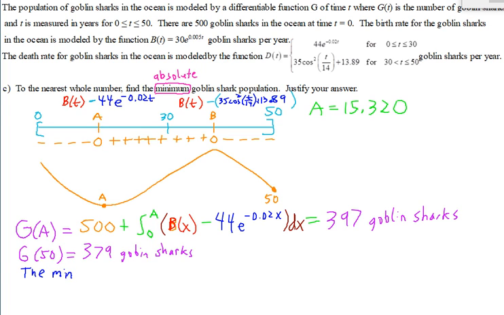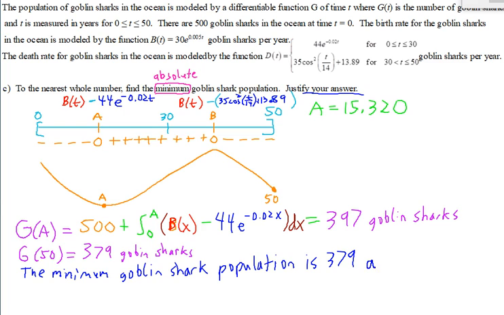the minimum Goblin shark population is 379, that's the actual population. And since we're justifying it here, it's probably a good idea to mention the time too, even though it didn't ask for what time.